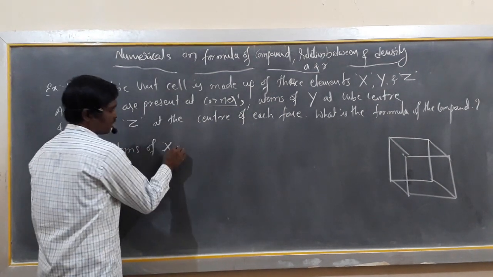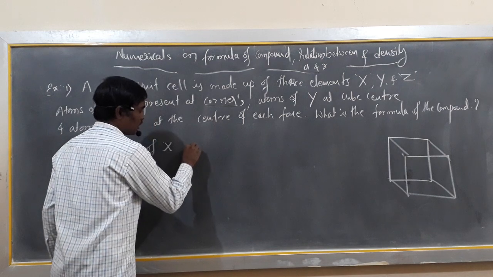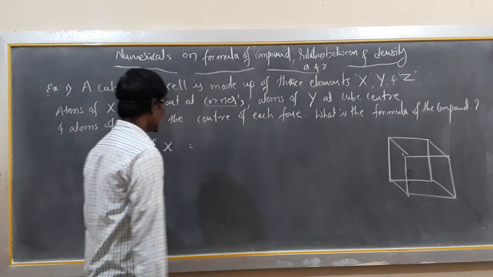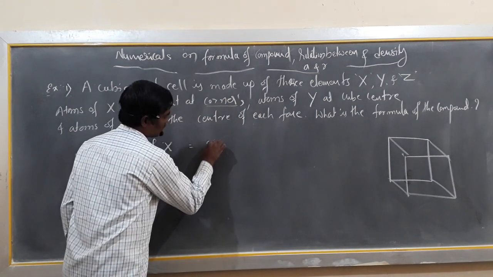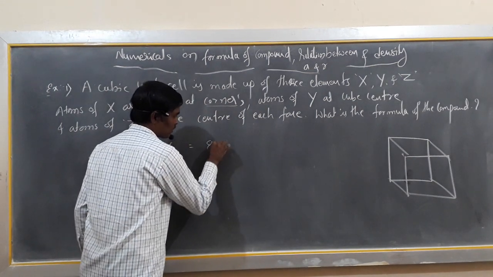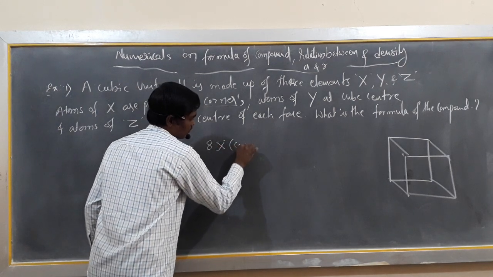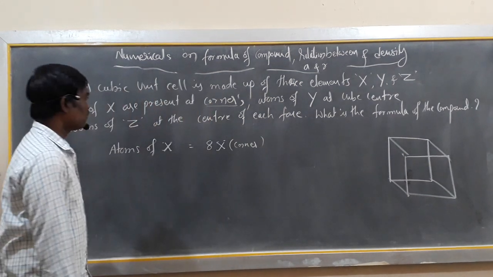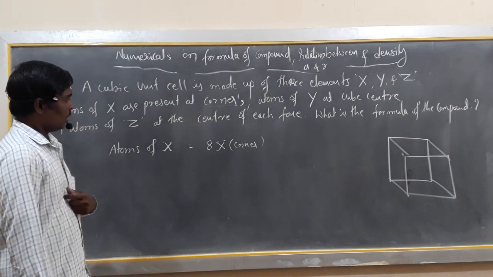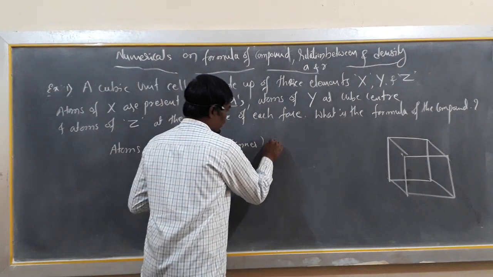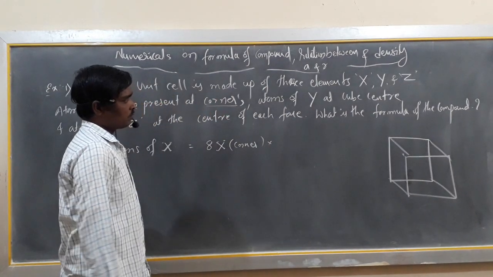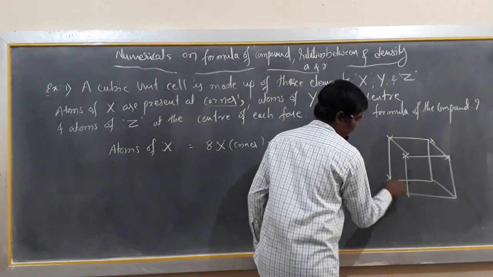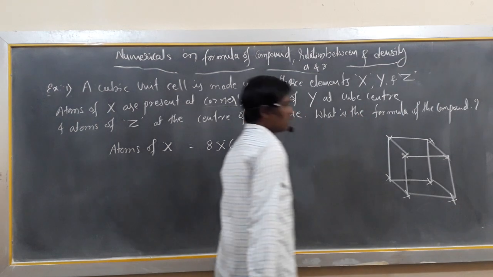That means there are totally 8 corners in the cube, so there are 8 X particles present, 8 X at the corners.